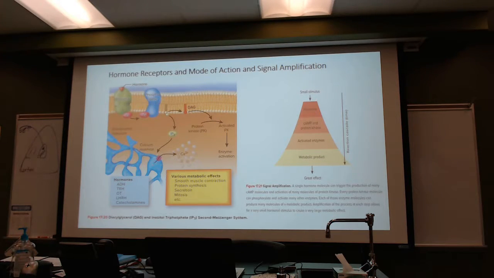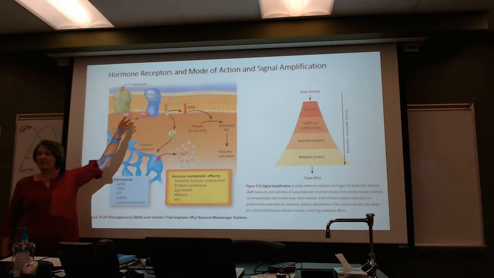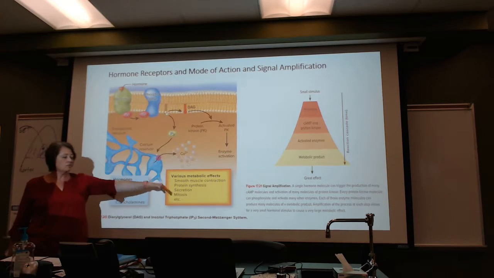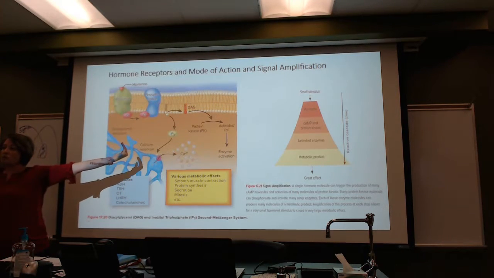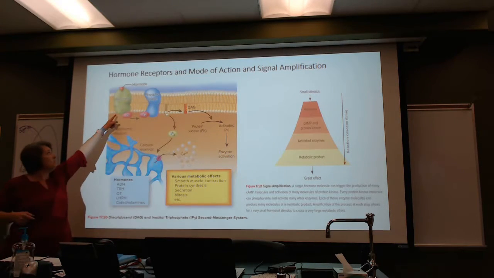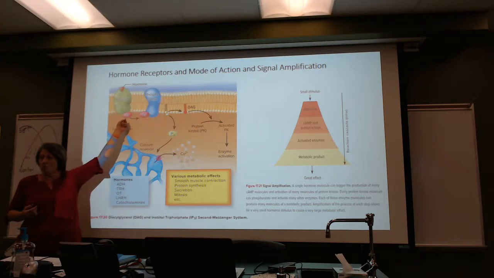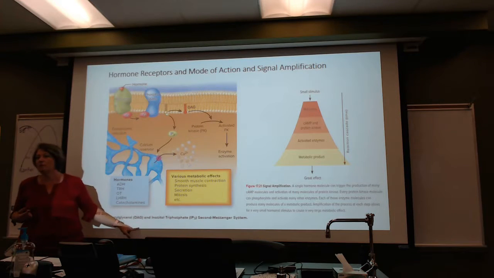Mainly because when the hormone reaches its target cell and begins to set off a series of reactions, that series of reactions generates a huge amount of product from that cell. So it may only, this is just a generalization, it may only take one hormone molecule to generate 1,000 of the protein products.